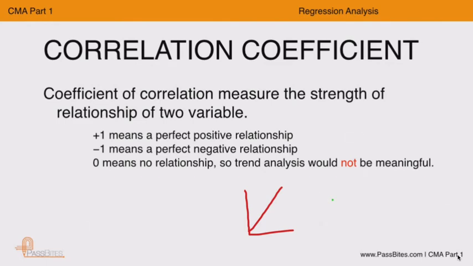This means the value of y would drop, but since it is 1, it's a straight line. Minus means the relationship is inverse. If it is 0, there is no relationship, and trend analysis would not be meaningful. So we cannot use the regression analysis formula to predict the values in the future.